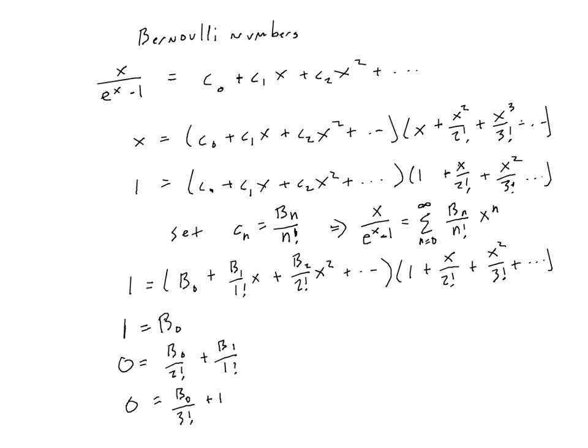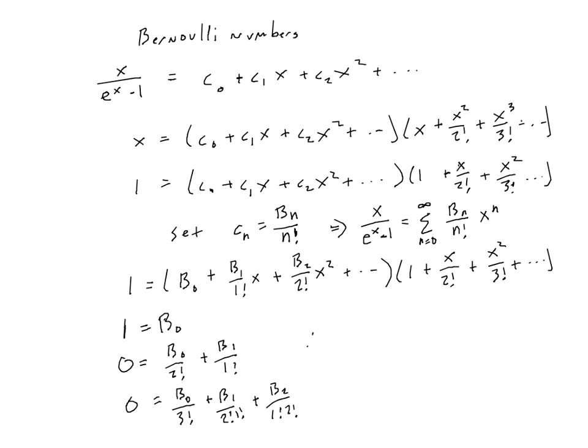We have b1 over 2 factorial and 1 factorial, because you have this term times this term. And then you have b2 over 1 factorial, 2 factorial, because it's multiplied by that first term. And then you just keep going with this.